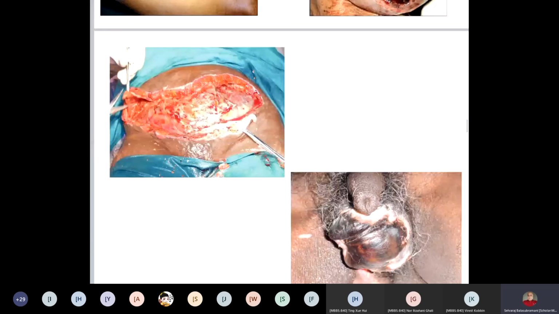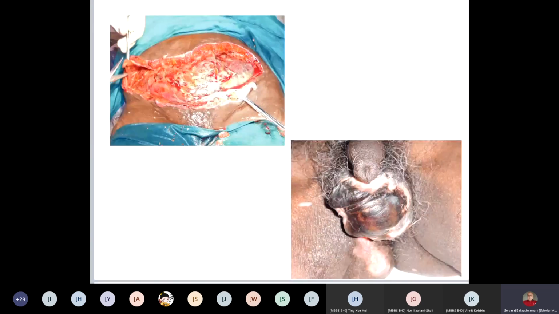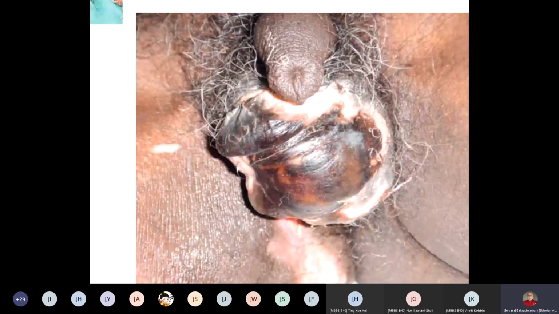Okay. Now we are going to a special type of ulcer. Examples of necrotizing fasciitis. Two types of skin ulcer or skin gangrene you are seeing here. In a male patient, the whole scrotum is gangrenous. What is this gangrene? Fournier's gangrene. Very good.